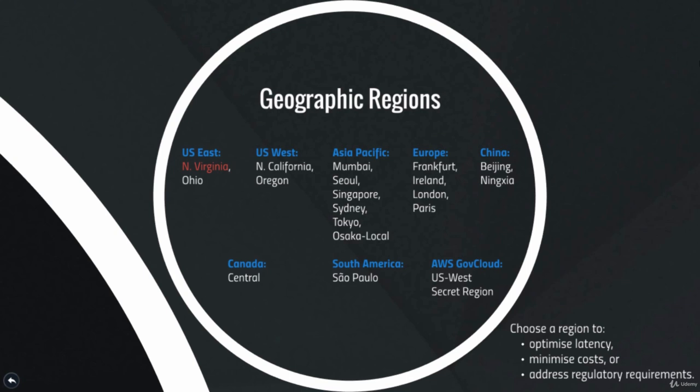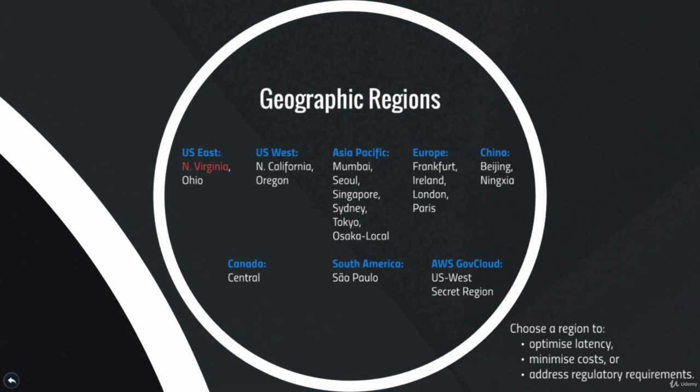Your choice of region can depend upon a number of things, and you may want to have the lowest latency, and you want your server to be located as close to your customers as possible. But you may also want to minimize costs. For example, I'm located in Sydney, but I mainly use the North Virginia region because it is cheaper for me.